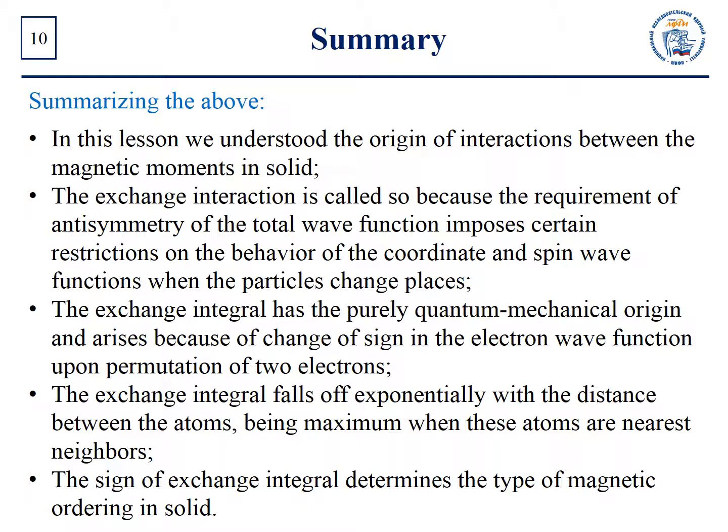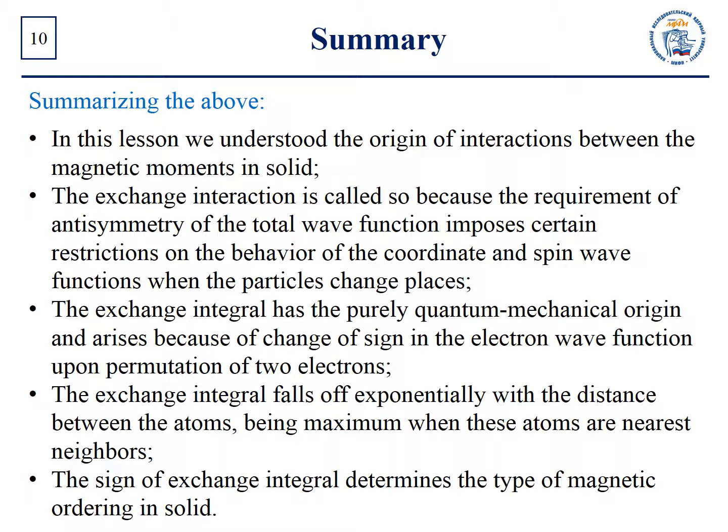Interaction energy of two electrons includes the Coulomb part and the so-called exchange energy, which has a purely quantum mechanical origin. The exchange energy falls off exponentially with the distance between the atoms, being maximum when these atoms are nearest neighbors.